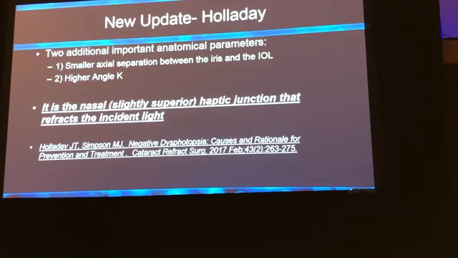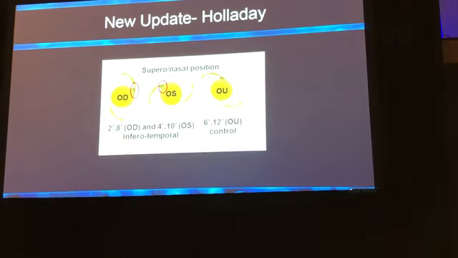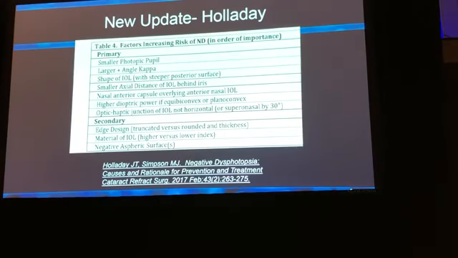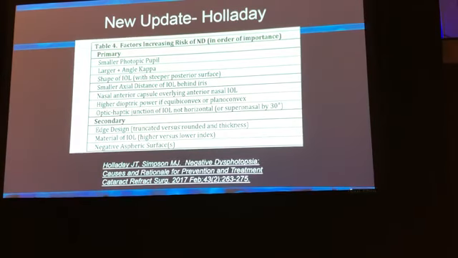So it's not that side, it's up here, but it's the same horizontal position. This is a new publication from him from last year, and he has now added, as his primary factor for risk of ND, make sure that you place the optic-haptic junction of the IOL horizontal or 30 degrees infratemporally.